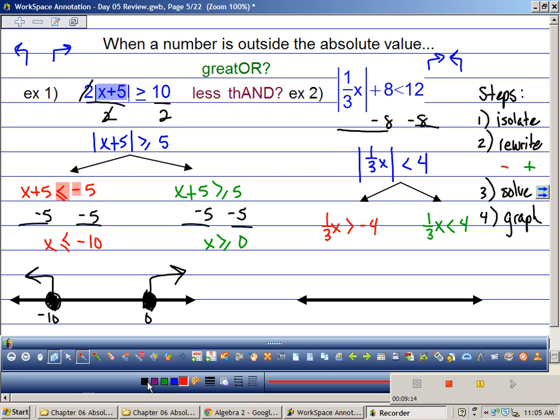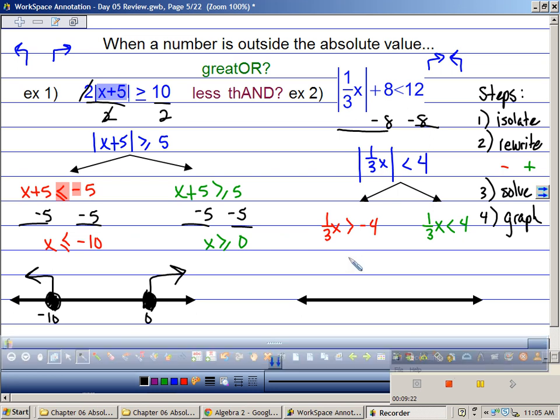How about Chris? Christopher Knight. Okay, instead of dividing by 1/3, dividing by a fraction, can't we multiply by the inverse? Wouldn't that be easier? You see how they're the same?